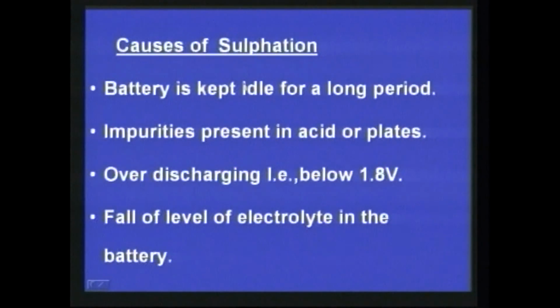Also, sulphation can be caused due to over discharging, that is, discharging below 1.8 volts. Sulphation is also caused because of a fall in the level of electrolyte in the battery. In a battery, the level of electrolyte must be maintained, otherwise it leads to sulphation.